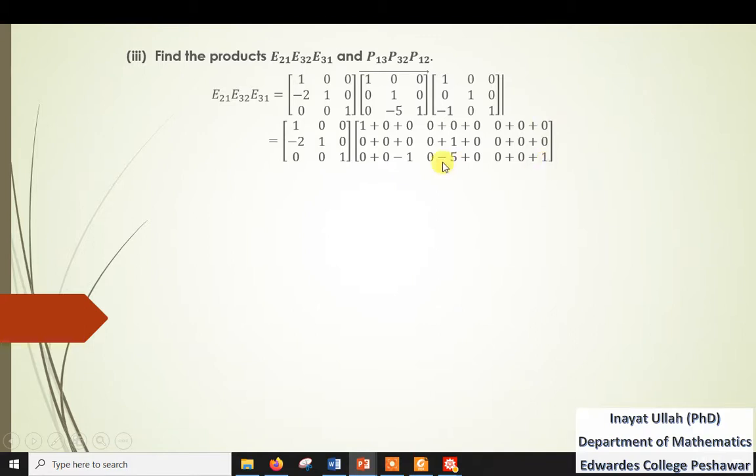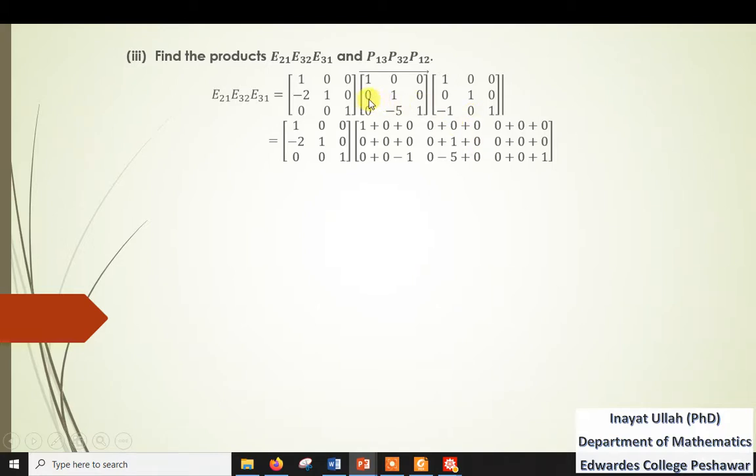Now multiply the second row with the first column: 0 into 1 is 0, 1 into 0 is 0, and 0 into minus 1 is 0. Now multiplying the second row with the second column: 0 into 0 is 0, 1 into 1 is 1, 0 into 0 is 0.